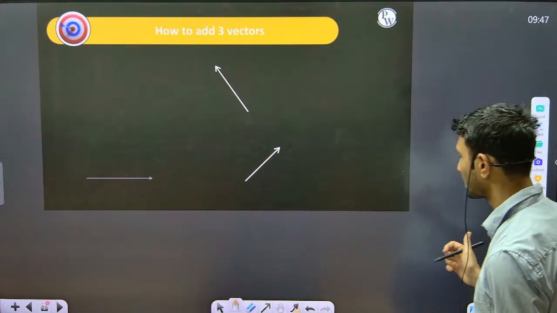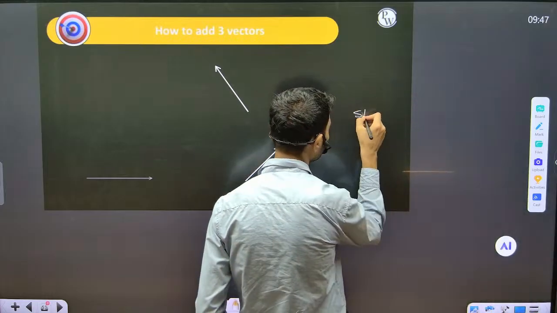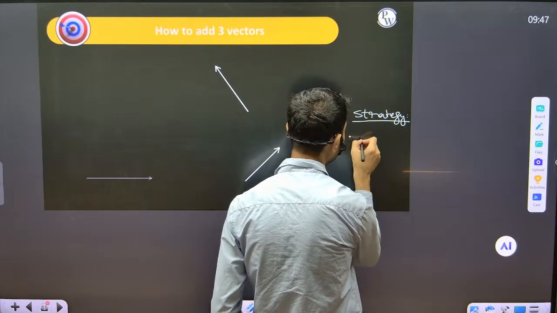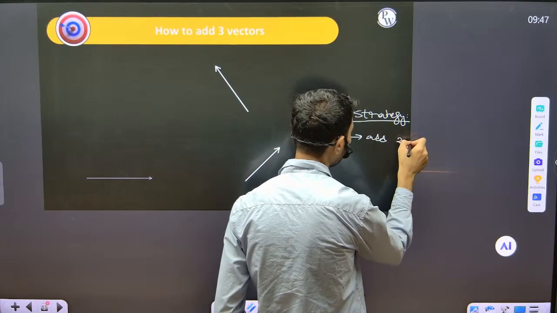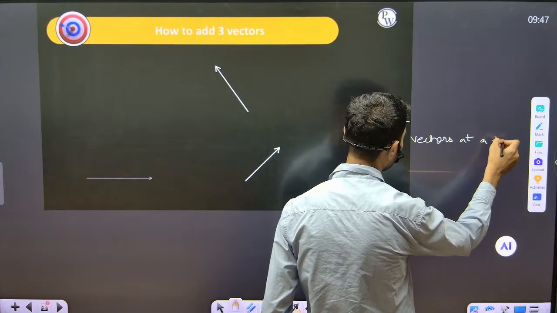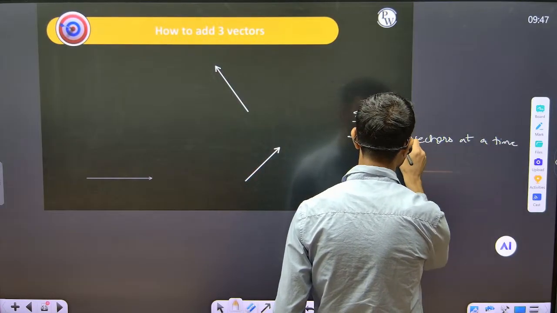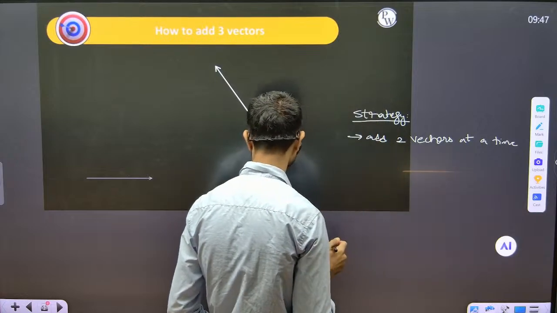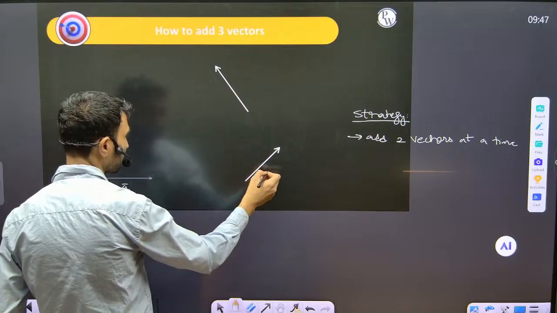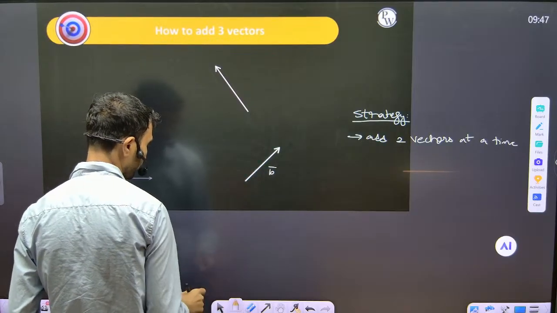So the strategy is something like this. Strategy is to add two vectors at a time. At one time add two vectors. So if this is, let's say, a vector, this is, let's say, b vector, let's add these two vectors.